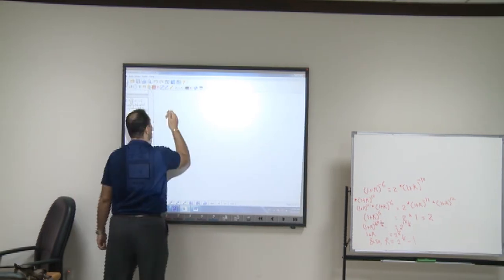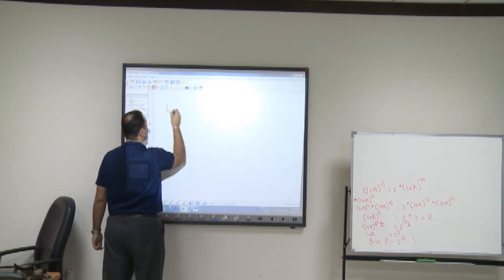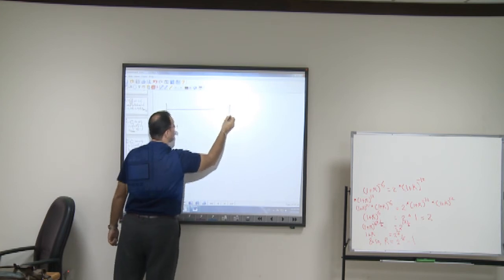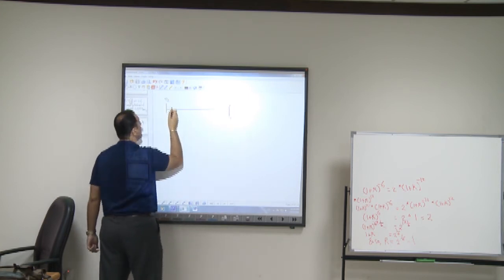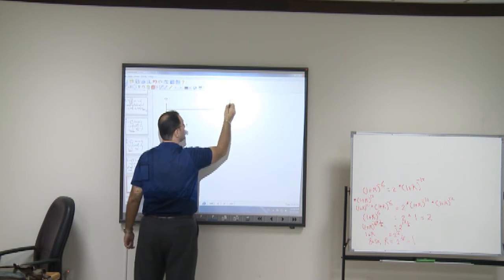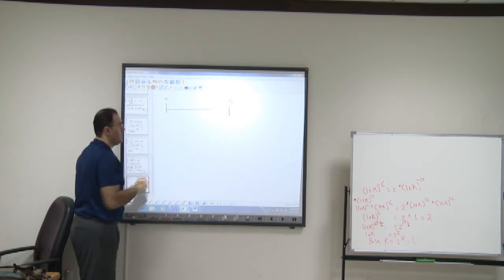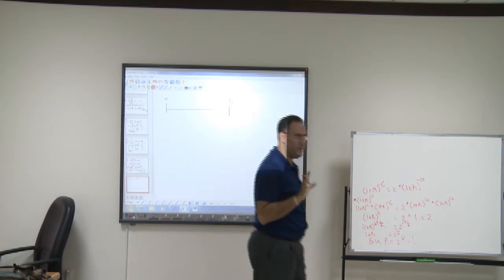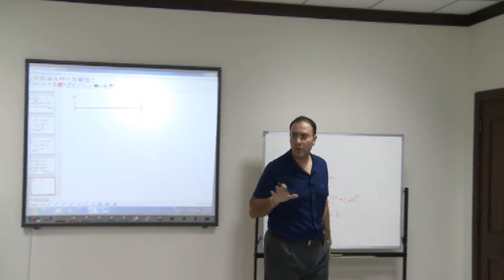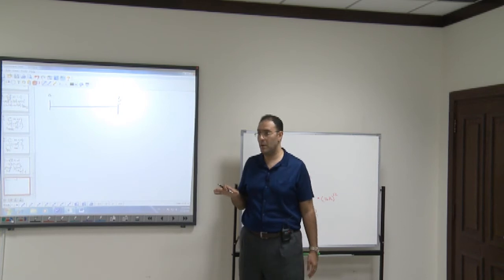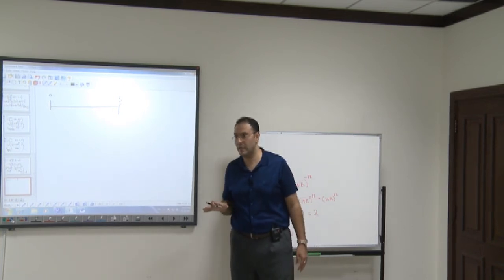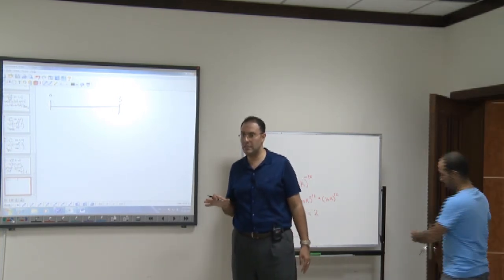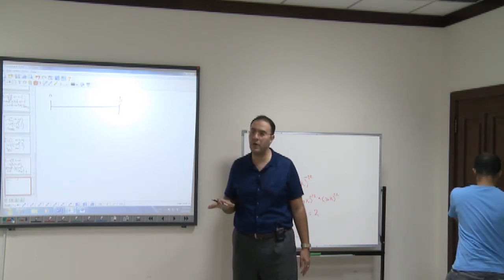So the timeline, how many years? 3 years, right? But how many periods? Well, this is implicit, because we know that real world bonds pay semi-annual coupons and have a par value of $1,000.